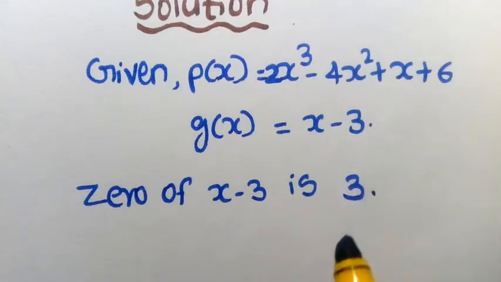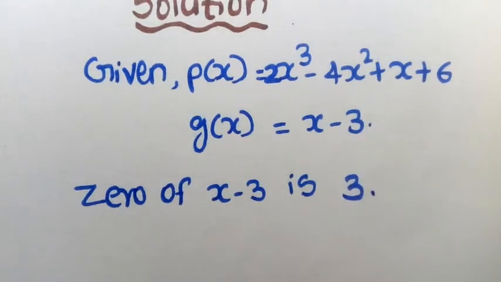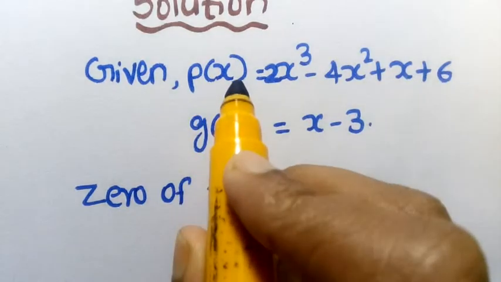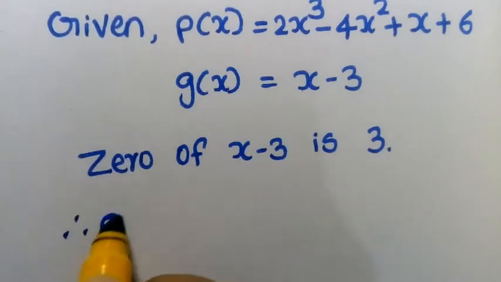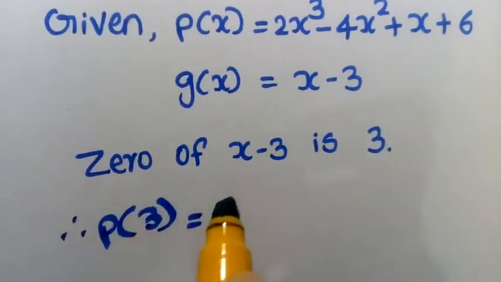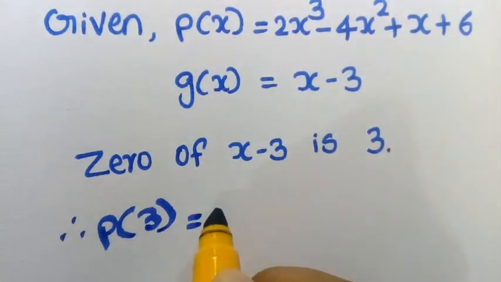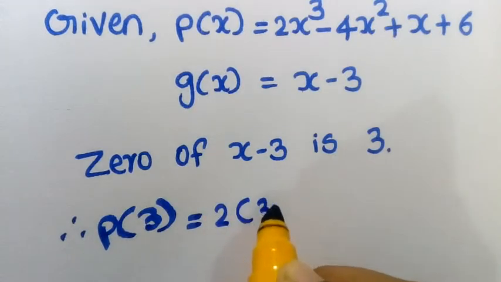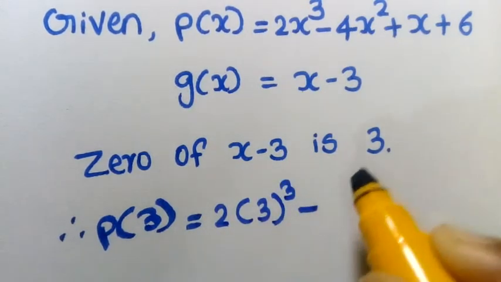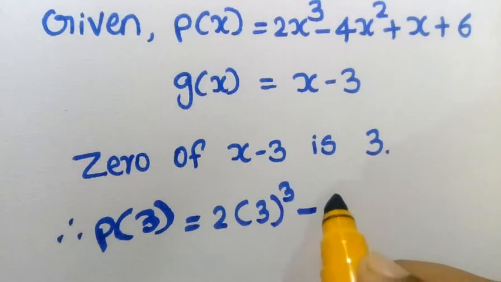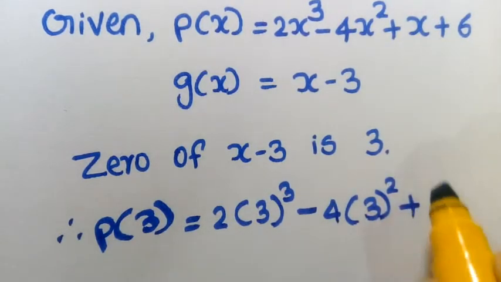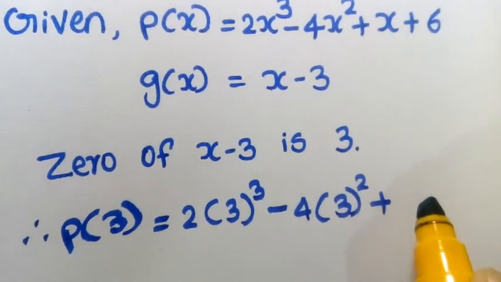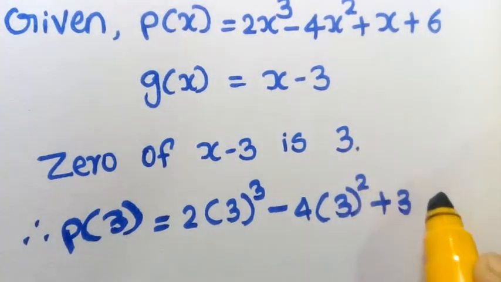Next we need to substitute the zero of x minus 3, that is the value of x, in p of x. Therefore, p of 3 is equal to 2x cube, so 2 into 3 cube minus 4x square, 4 into 3 square plus x, so plus 3 plus 6.